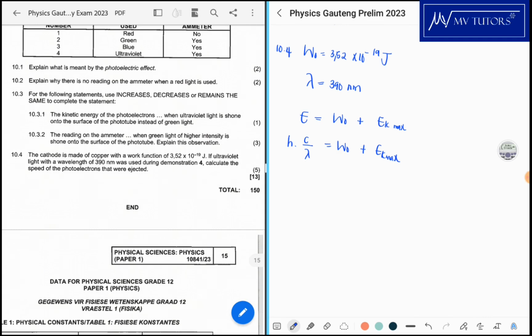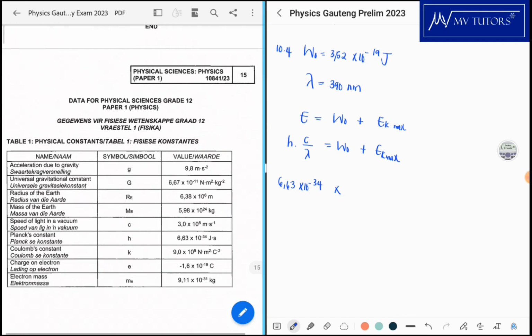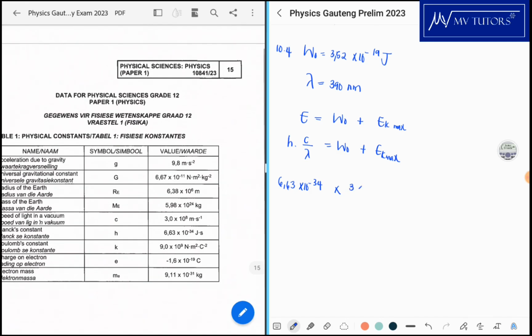So h is Planck's constant, which is 6,63 times 10 to the power negative 34, multiplied by c, the speed of light, which is 3 times 10 to the power 8, divided by the wavelength, which is 390 nano. Nano is times 10 to the power negative 9.